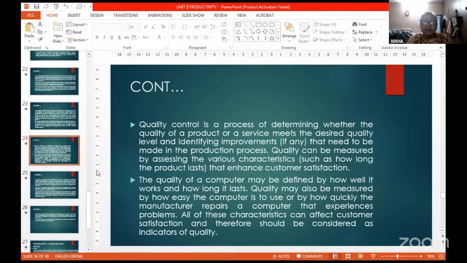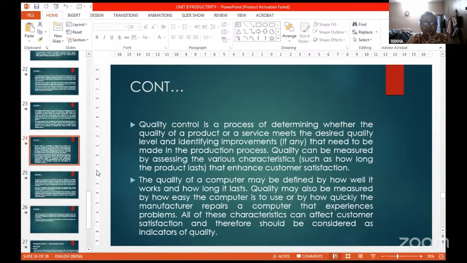Quality can be measured by assessing the various characteristics, such as how long the product lasts, that enhance the customer satisfaction. The quality of a computer may be defined by how well it works and how long it lasts. Quality may also be measured by how easy the computer is to use or by how quickly the manufacturer repairs a computer that experiences problems.